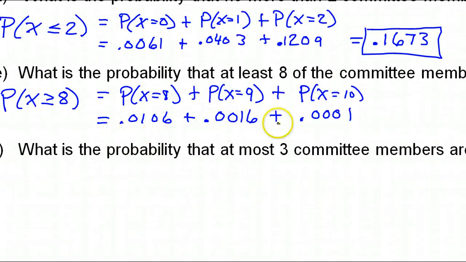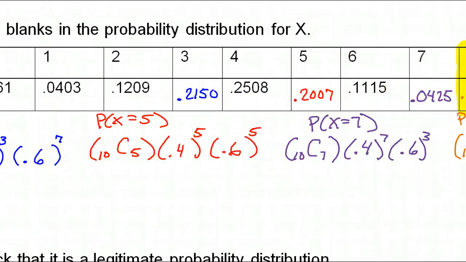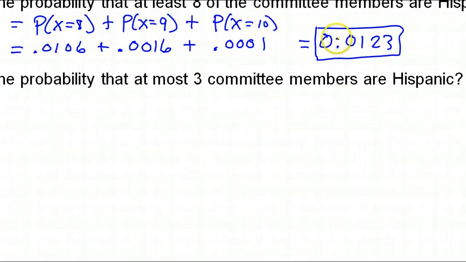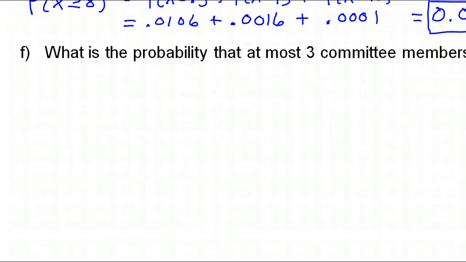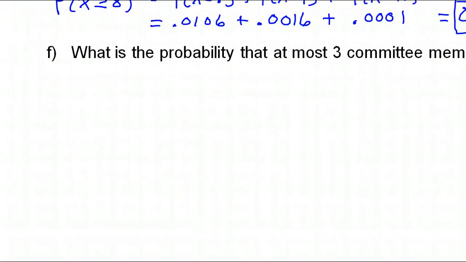So I copy these three values right off the table and then I just add them up. I'm getting a probability of 0.0123 for having at least 8 Hispanics on the committee. That's a little bit more than 1%, so that's not a really big chance of happening.